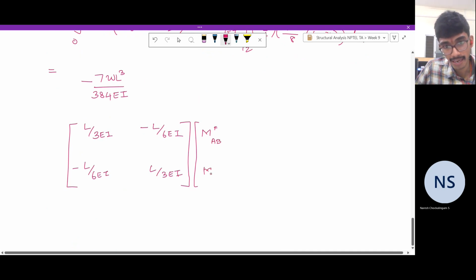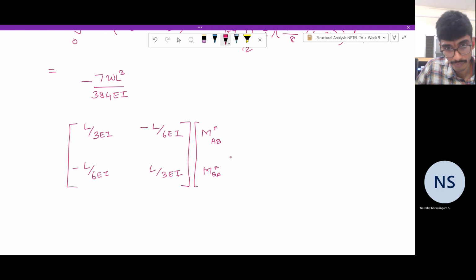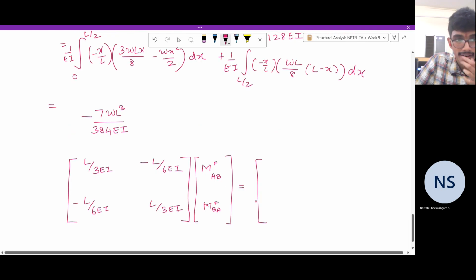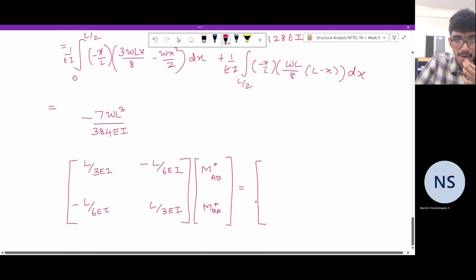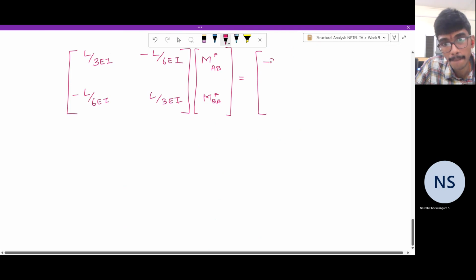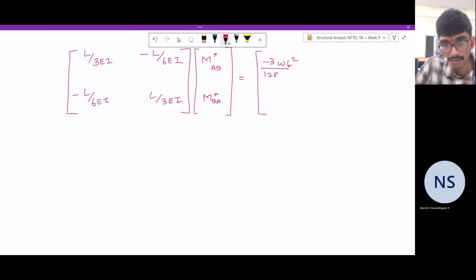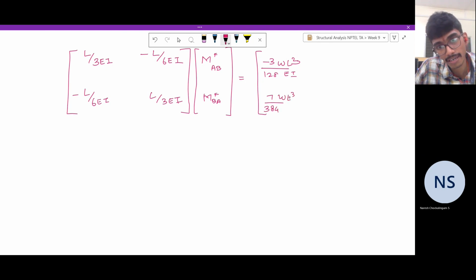Here we have MBAF is equal to minus of the D1L and D2L. So here we have minus 3/28 by minus 3 by 1.8 WL square L cube by EI. Here it is 7 by 384 WL cube by EI.